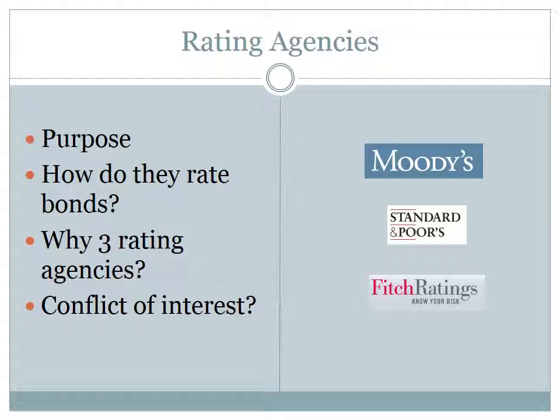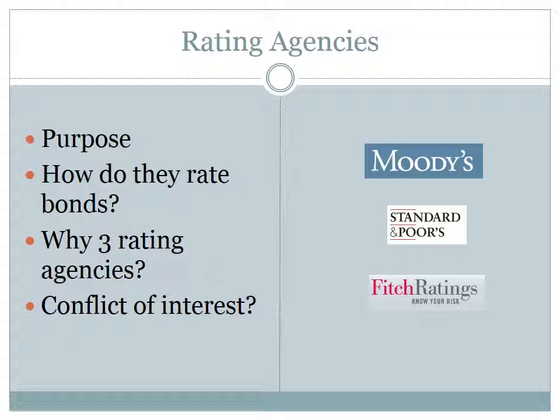They do have to publish, and I'll show you in a slide in just a bit, the defaults that occurred for each of the bond rating categories, and that helps keep them in line in trying to make sure that they properly rate the bonds.